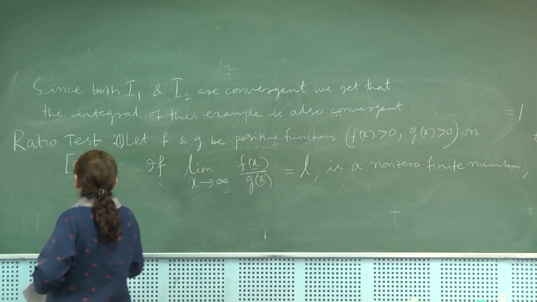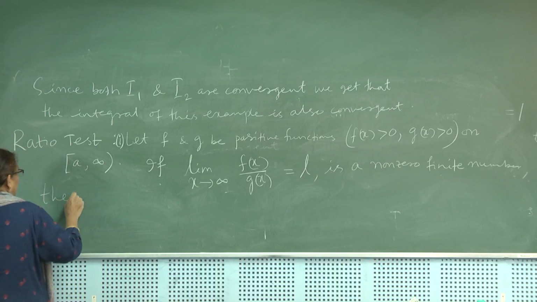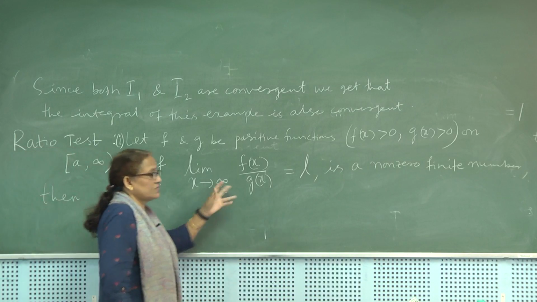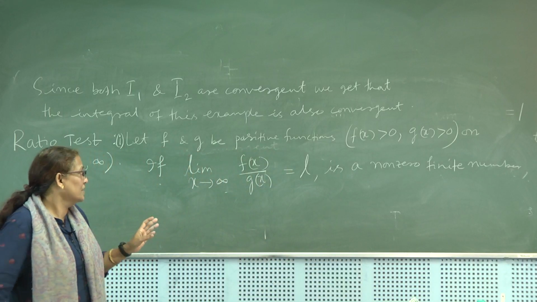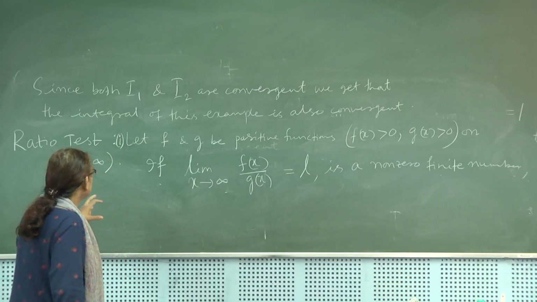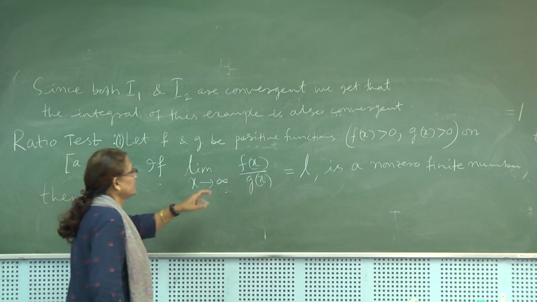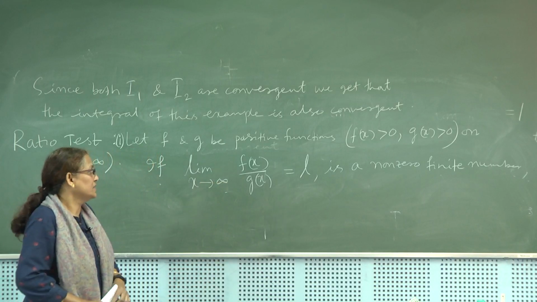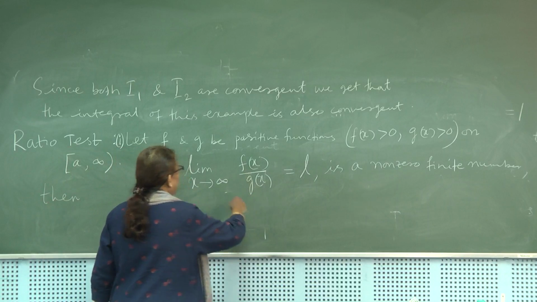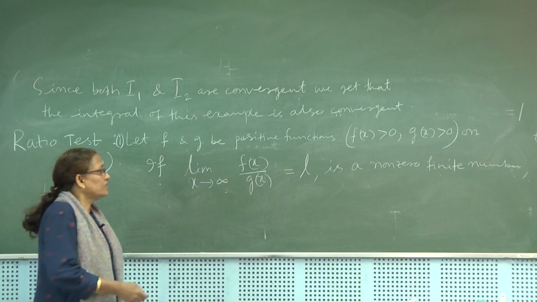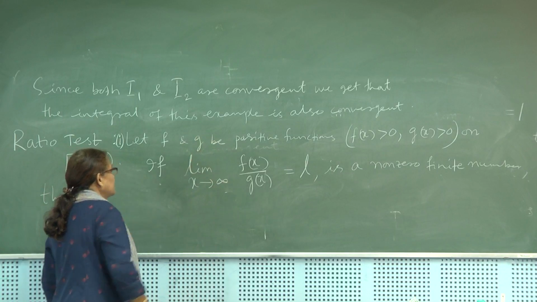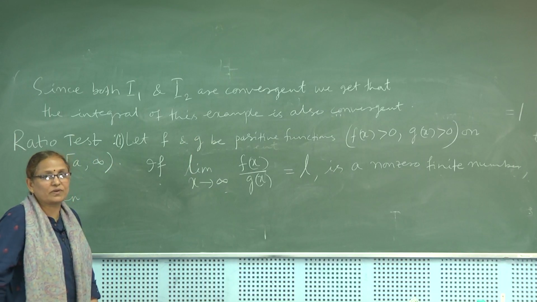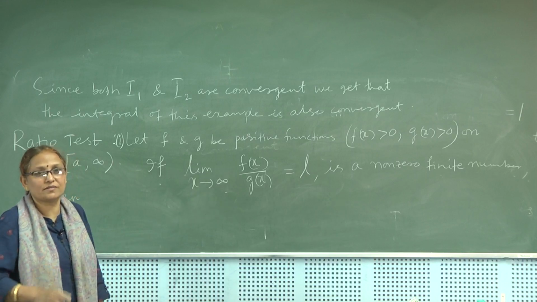Then what happens to the convergence of the type 1 improper integral, the integral from a to infinity of f(x) dx? Well, in this case these two improper integrals converge or diverge simultaneously.